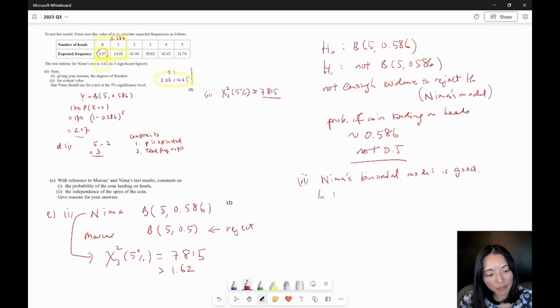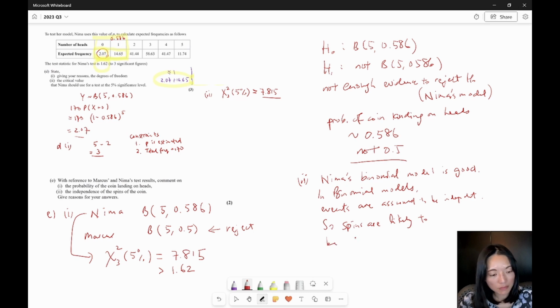And we can say in binomial models, events are assumed to be independent. So spins are likely to be independent, because we found a good model that explains the observations, and this model needs to assume the spins to be independent, and therefore we can assume the spins to be independent.